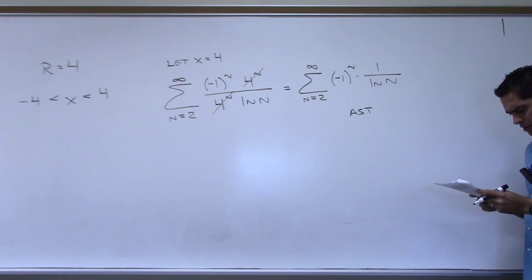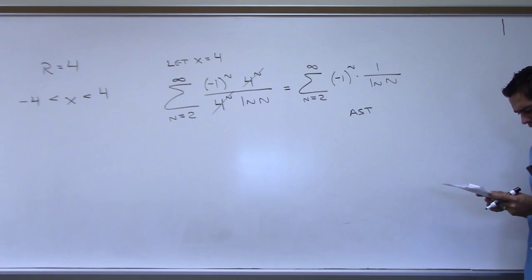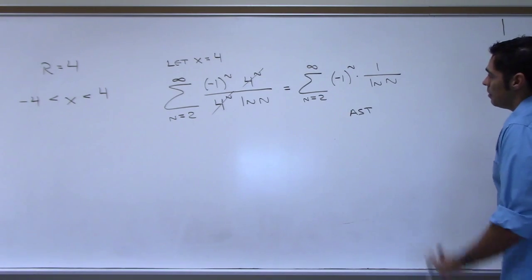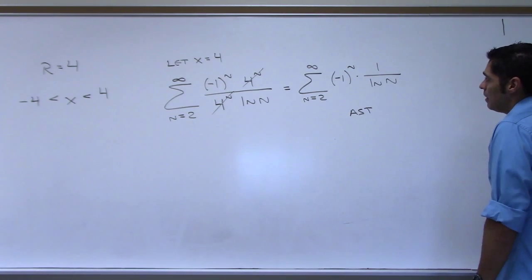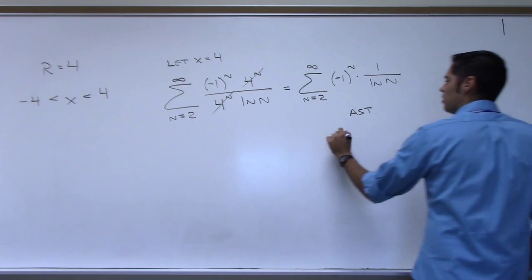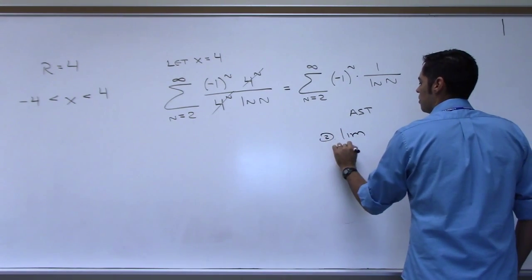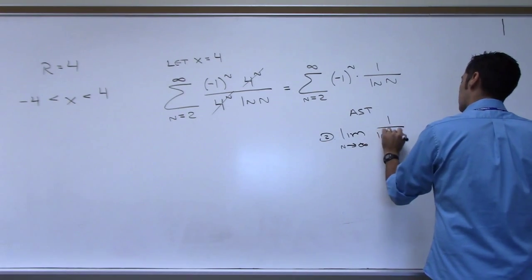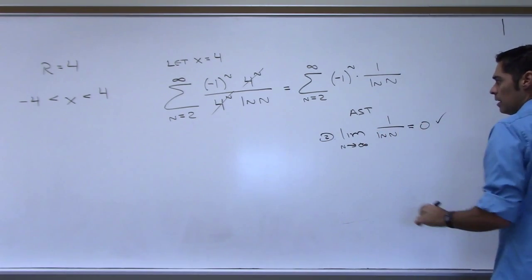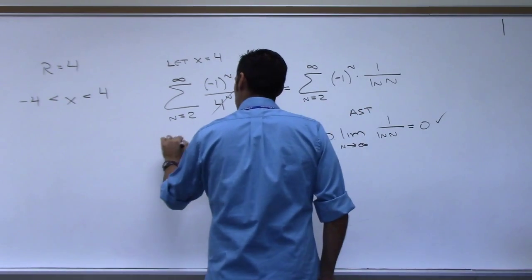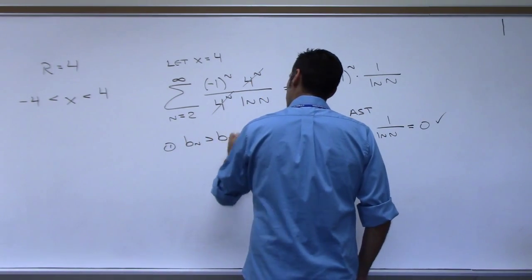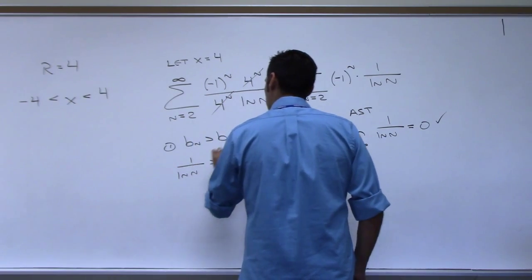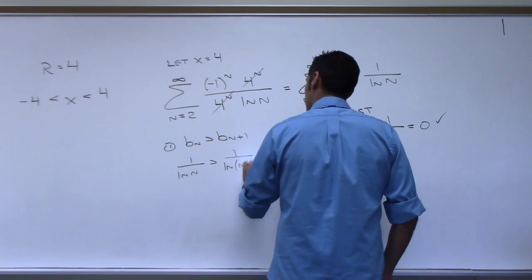Let's see, with time constraints. I guess we could do alternating series test. Might be hard to show. Well, let's do it. The second thing I need to show is the limit as n goes to infinity of 1 over natural log n goes to 0, which it does. It's 1 over infinity. And then I have to show it's decreasing. So I have to show b sub n is greater than b sub n plus 1. So 1 over natural log n is greater than 1 over natural log n plus 1.